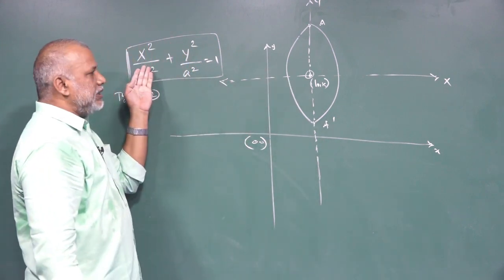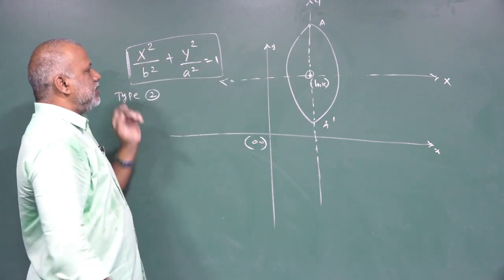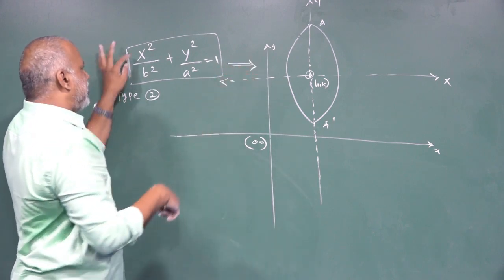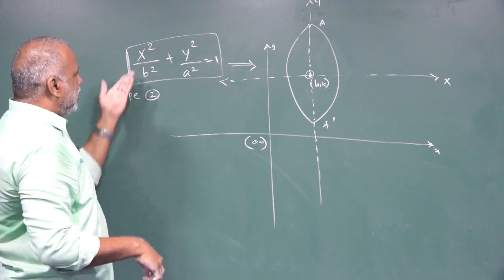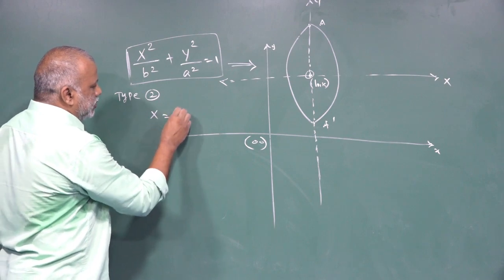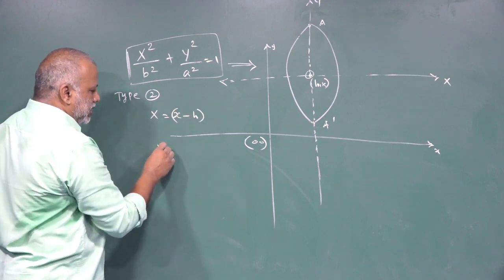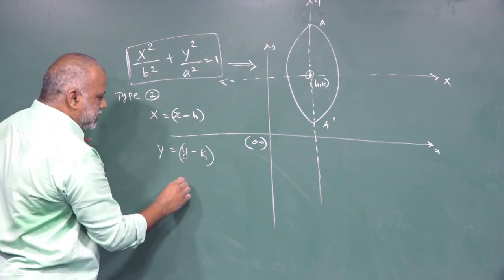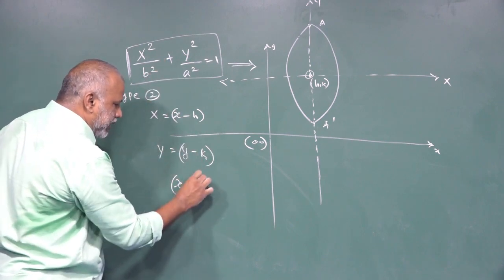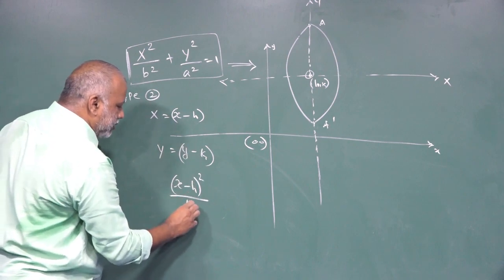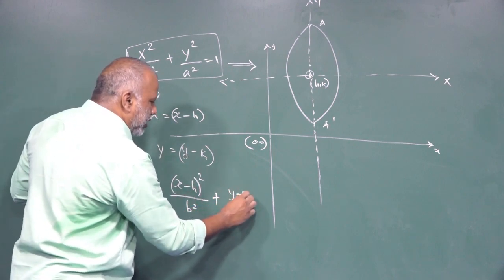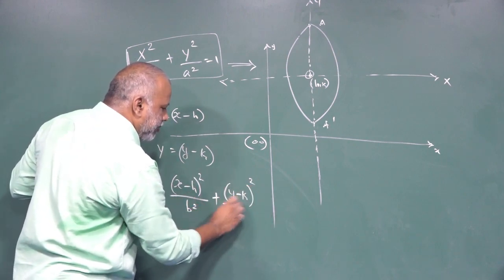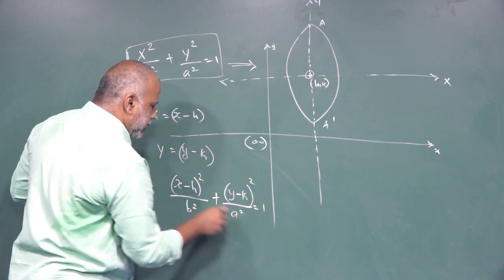For this diagram, we take this equation: X squared by b squared plus y squared by a squared equal to 1. Then the transformations: capital X is replaced by x minus h, capital Y is replaced by y minus k. Then the equation becomes x minus h the whole squared by b squared plus y minus k the whole squared by a squared equal to 1.